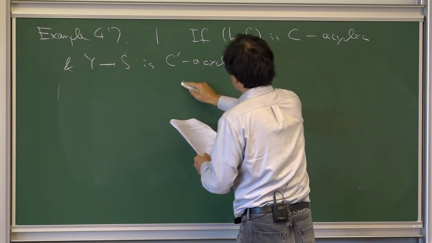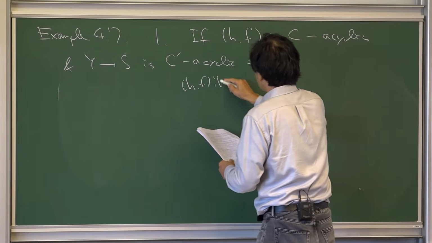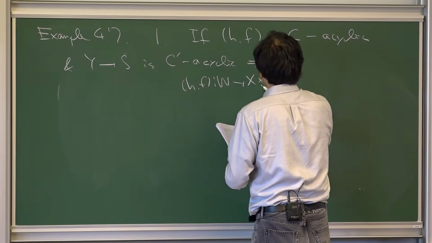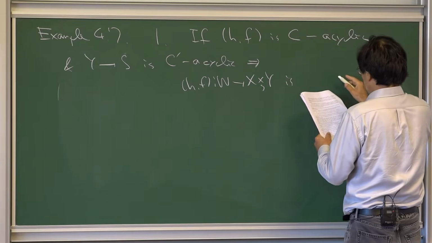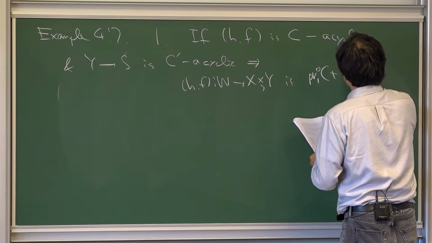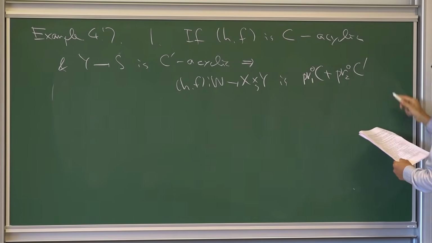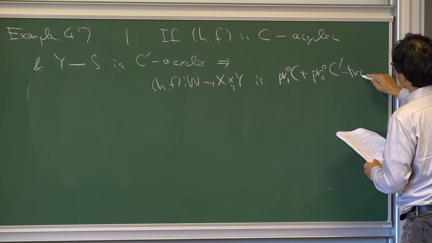Then we have this product version. So this is the sum of the two pullbacks transversal.